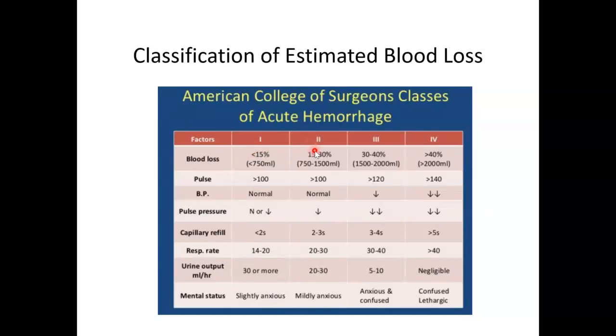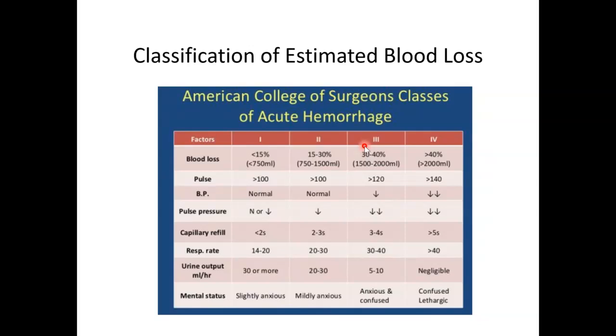Then class 2, obviously more. It says 30% loss, which is anywhere from 15 to 30%, which is 750 to 1500 milliliters. Heart rate goes up, pulse pressure starts dropping. Even blood pressure hasn't really changed yet. Capillary refill, kind of borderline. Respiratory rate starting to go up, urine output starting to go down, and we can start seeing some mild anxiety here.